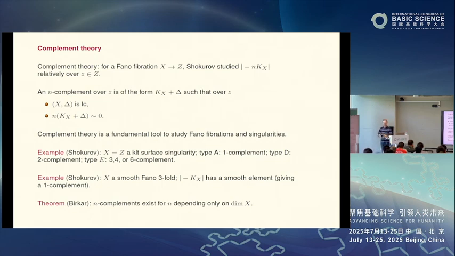Basically, you take a complement in order to construct the flip. Then finally, perhaps the most general statement in this direction is that in every dimension, there exists one n, and we don't know exactly what that n is except in lower dimension, such that no matter what Fano fibration you have, you always have an n-complement. So the n will depend only on the dimension. It does not depend on your Fano fibration.